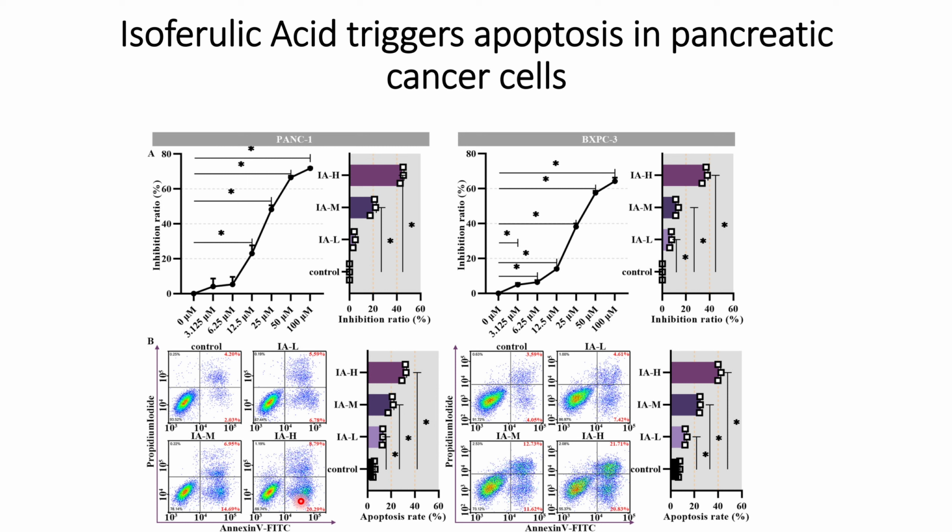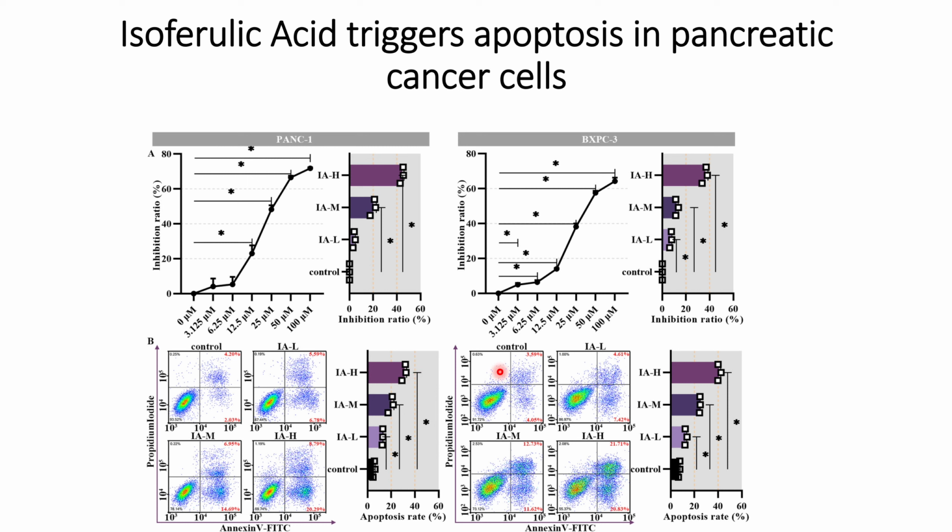So this indicates that the annexin V positive apoptotic cells have a positive relationship with isoferulic acid, and isoferulic acid can trigger apoptosis in pancreatic adenocarcinoma cells. And they did the quantifications of the apoptosis rate, shown on the right hand side, where we can see that the results are similar. With increase in the isoferulic acid, they see an increase in the apoptosis rate.